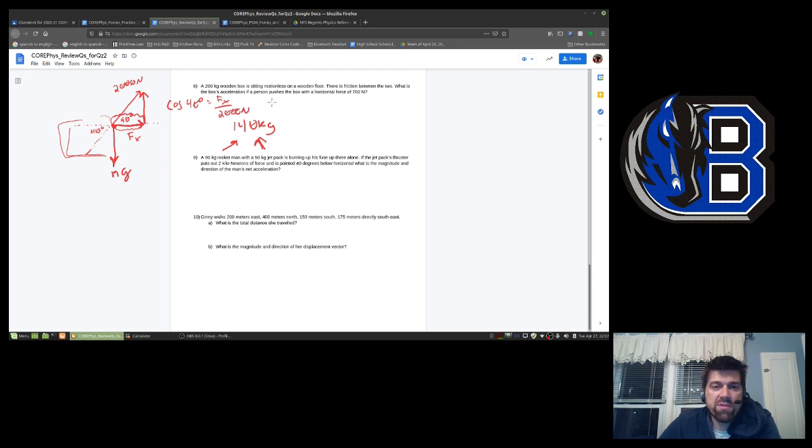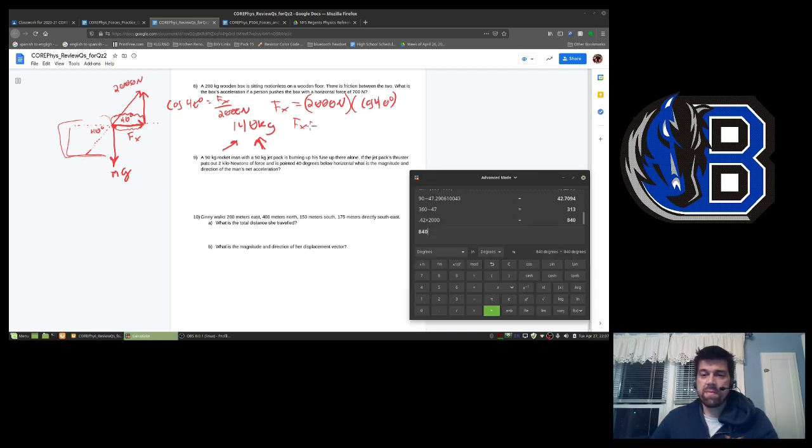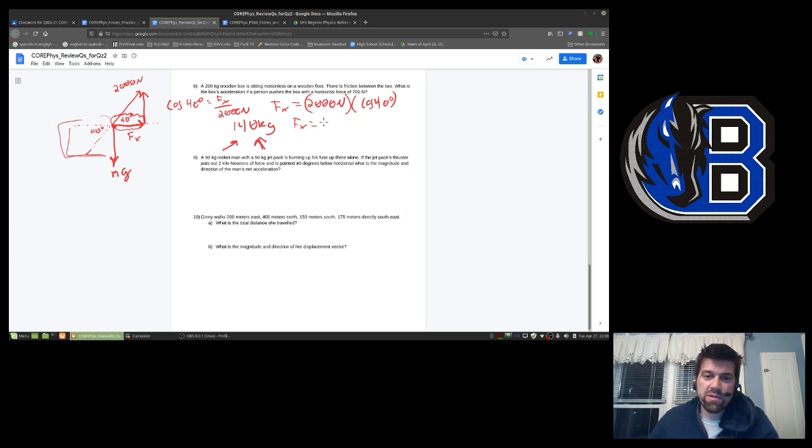I could cross multiply there and get that the horizontal component of the force is my 2,000 newtons times cosine of 40 degrees, which is something I could put in my calculator. Cosine of 40 degrees, 1532 newtons.